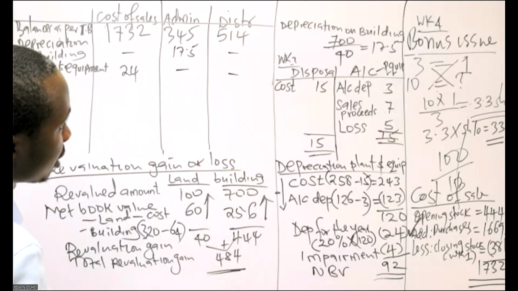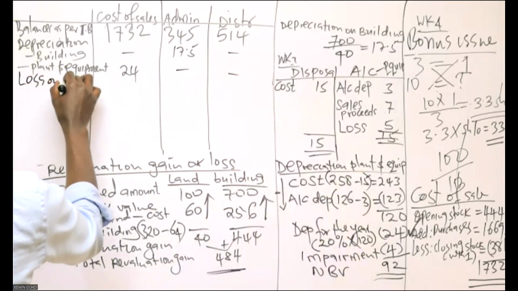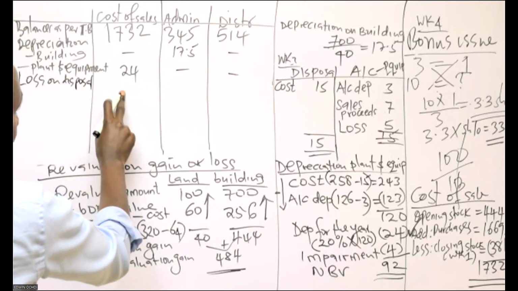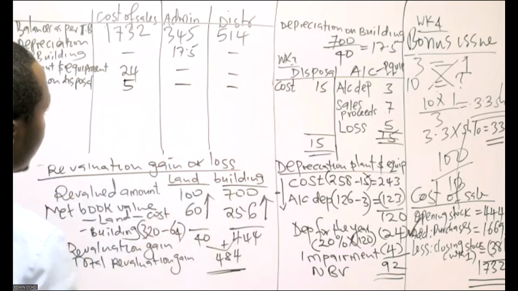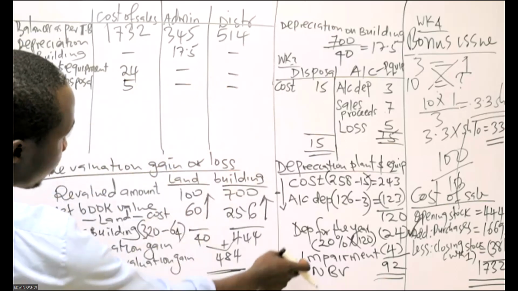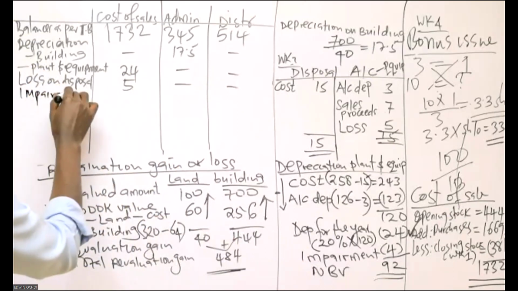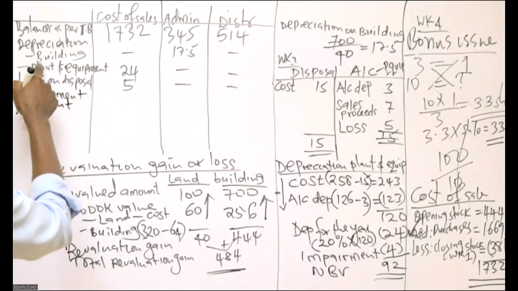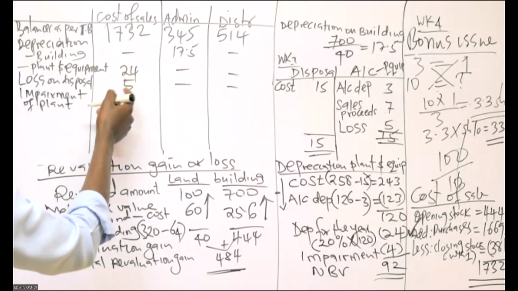And these other expenses like loss on disposal of the plant and equipment, so loss on disposal is classified under cost of sales. There's this impairment of plant. Remember already, depreciation of plant and equipment is under the cost of sales.